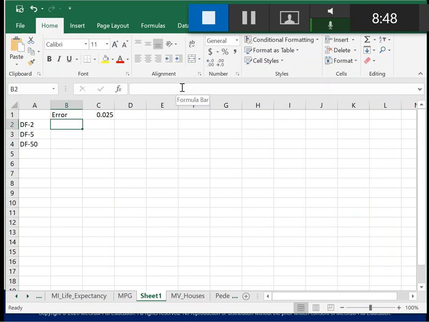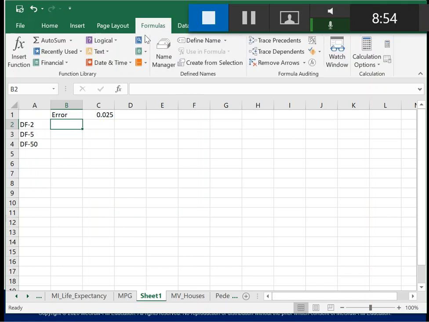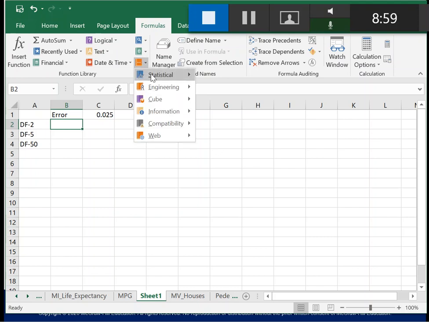All right, so this is the data that we're going for here. Again, we're just calculating that t-score. So I'm going to go up here to formulas, and I'm going to choose statistical.